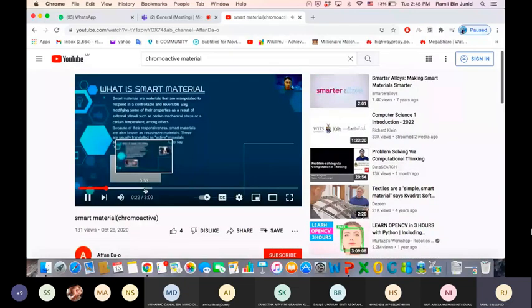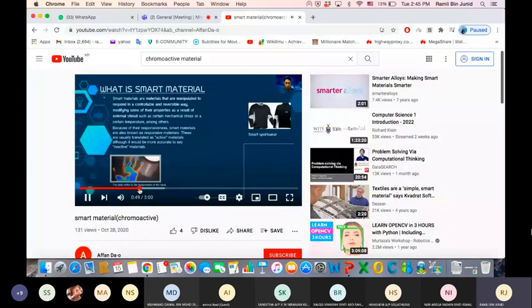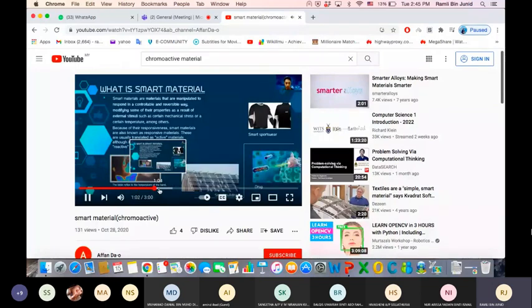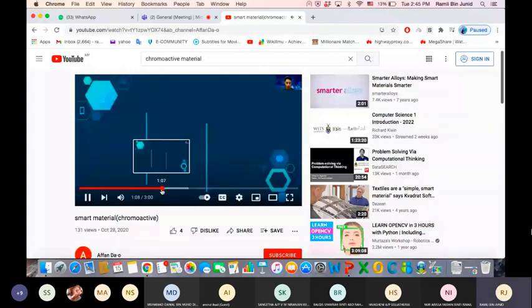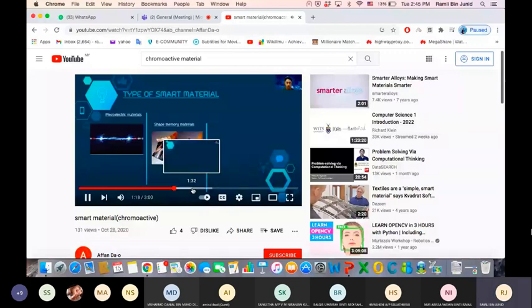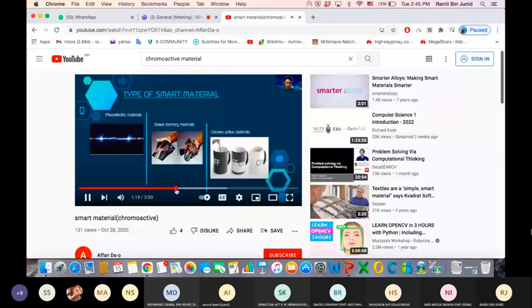Smart material can be divided into 5 types. The first one is piezoelectric material, shape memory material, chromoactive material, photoactive material.